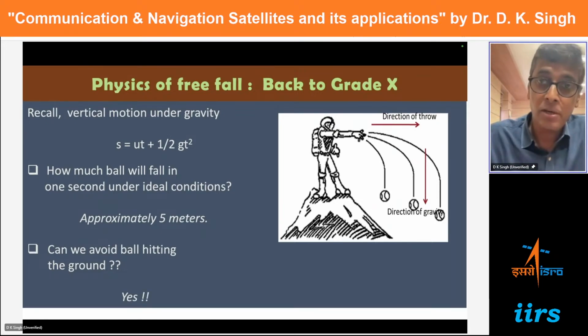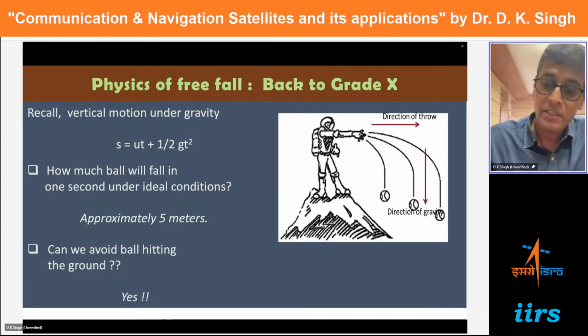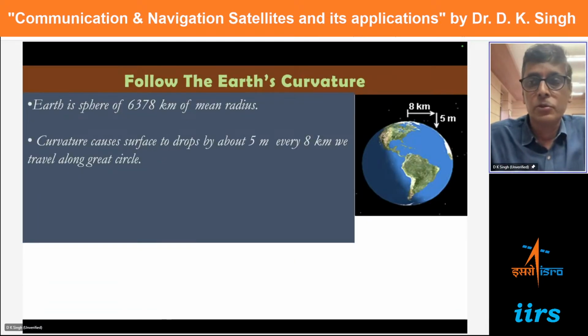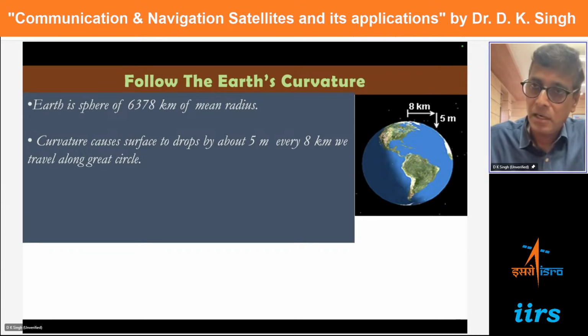You can throw the ball, gravity can still pull it, but you can avoid the ball hitting the ground if you can throw it fast enough. Now I will show you a simple calculation. What is fast enough? If you look at the right side diagram, it talks about the curvature of Earth. The Earth's surface curves about 5 meters below the horizon every 8 kilometers.